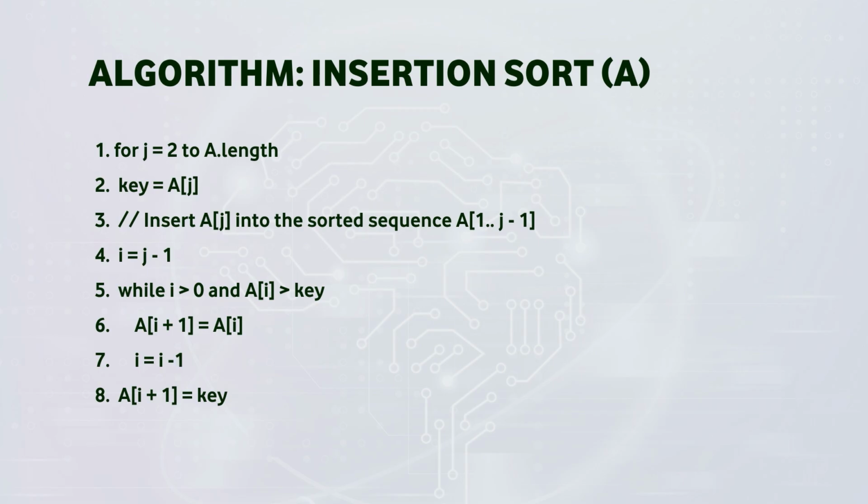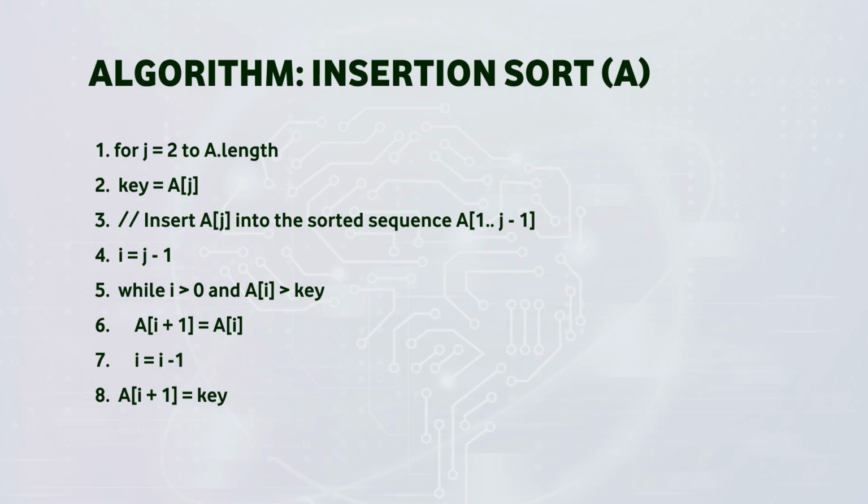Now let us discuss the insertion sort algorithm. We want to sort an array having n elements. The algorithm is: for j equal to 2 to A.length, where A is the array having n elements.